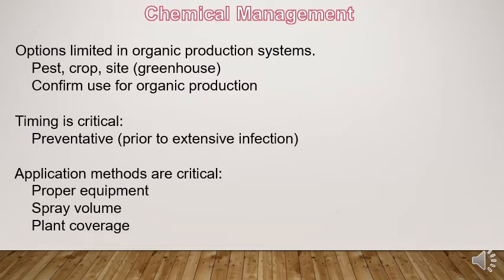If applied too early, much of the chemical will be wasted before it can be effective. If applied too late, it will be largely ineffective. Distribution of the spray droplets is important. The finer the spray, the more complete the coverage on the plant surface. However, very small droplets form a mist that is easily displaced by wind.